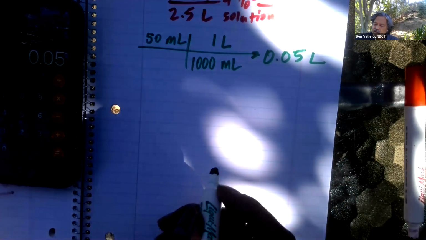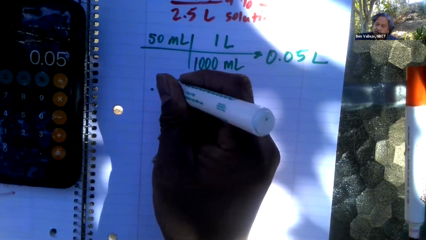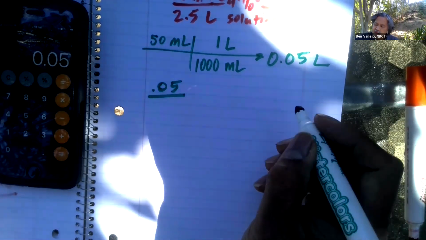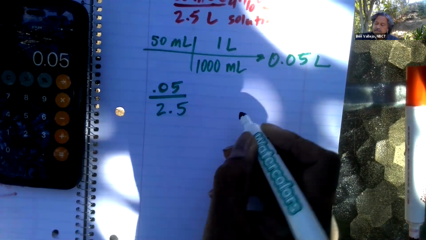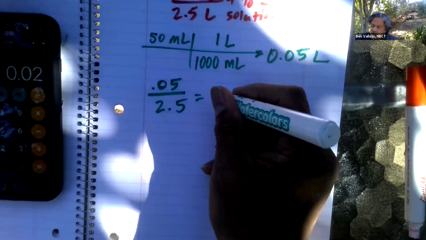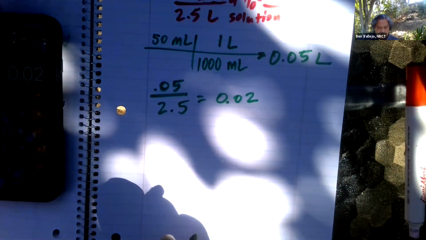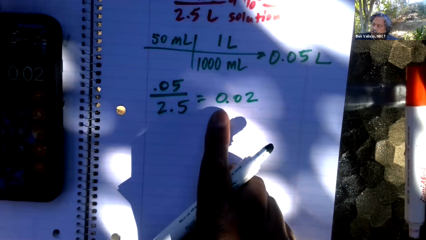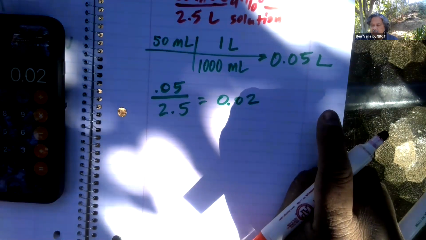So now you're going to take this 0.05 and you're going to divide that by 2.5. So let's do that. That equals 0.02. Okay. And so because this is a percentage, I've got to move this over to the right too, or you can multiply it by 100.